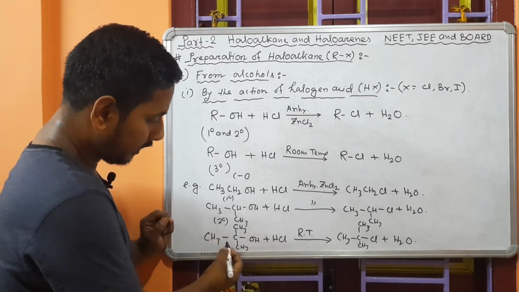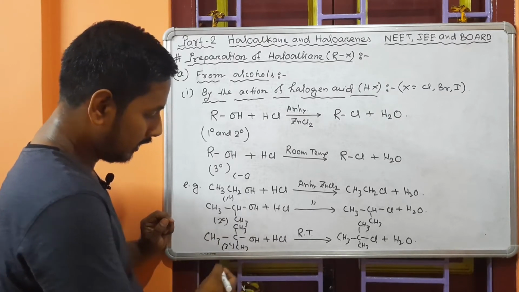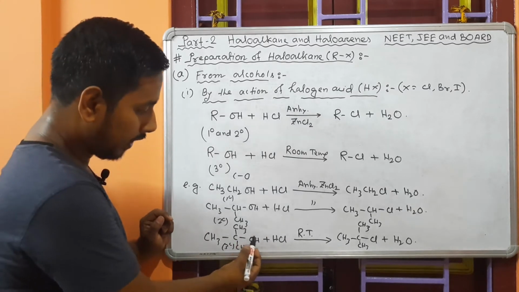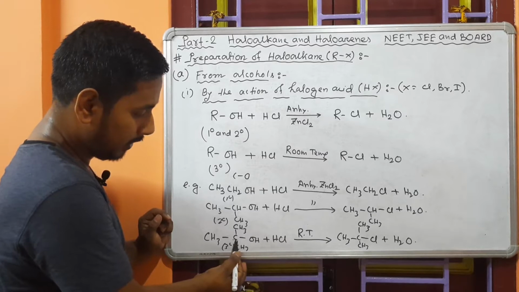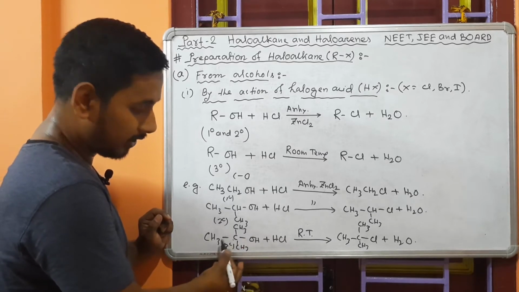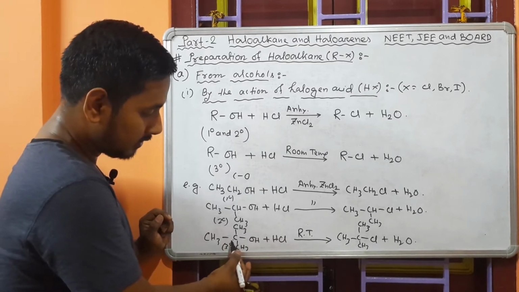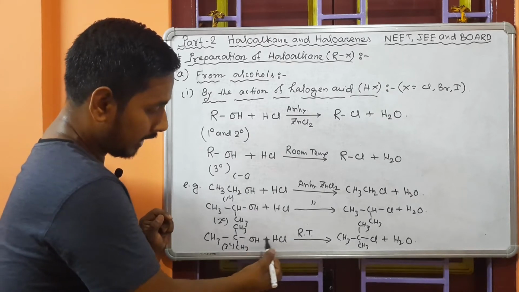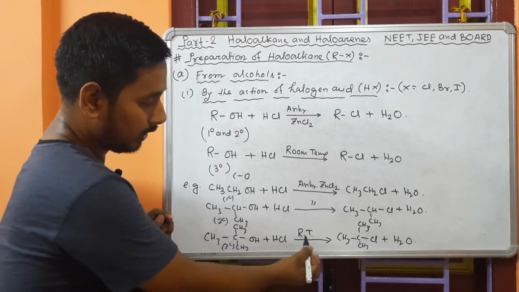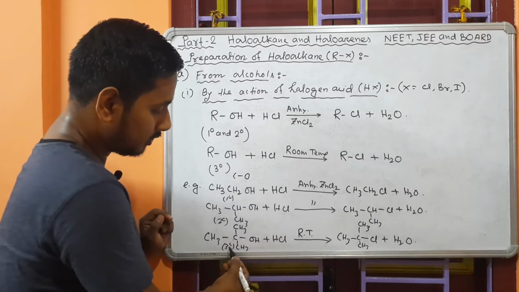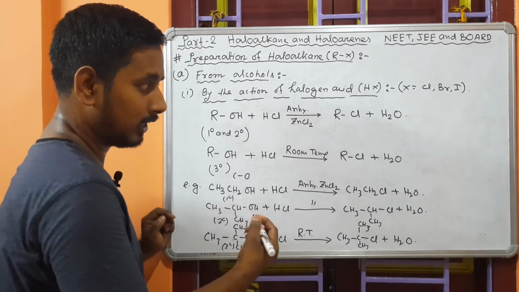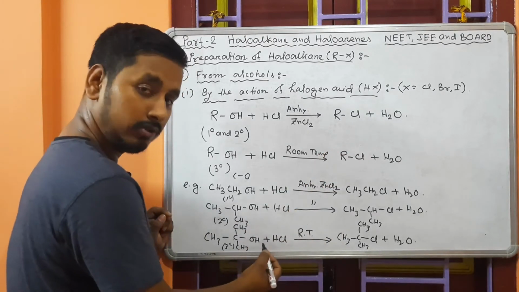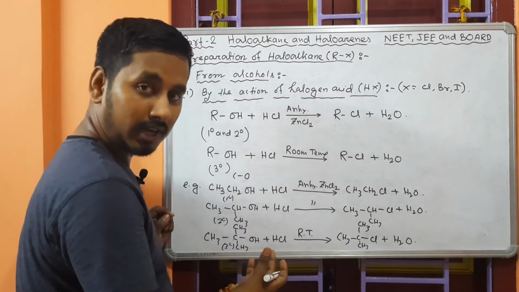But in the case of tertiary, see why this is tertiary? Because OH is connected with this carbon atom, and this carbon is connected with three different carbon atoms. Okay, that's why this is tertiary. And this reaction will be carried out at room temperature only, because the tertiary one is the very stable one. We know that about the carbocation. The reaction is carried out with the formation of carbocation here.